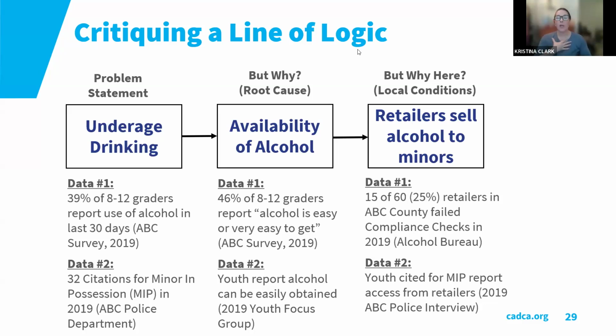If we do a set of comprehensive strategies, training retailers, having more compliance checks, whatever you're doing around retail access, and it changes the fact that so many retailers fail compliance checks, and we see that youth are no longer saying they can get it from retailers, we should see a decrease in the availability of alcohol, which will change underage drinking. It becomes really important to map the right pieces of data so that when we get strategies in place, we see that data change, because this is you building your evaluation plan.